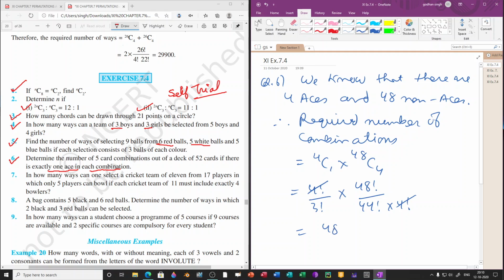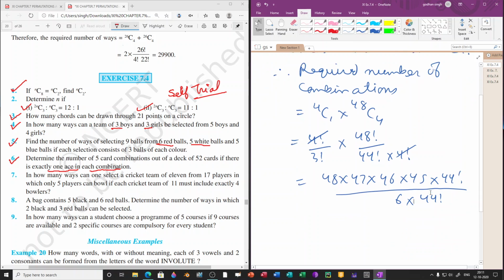That can be written as 48 into 47 into 46 into 45 into 44 factorial over 44 factorial, and here we have 3 factorial, that is 6, into 44 factorial in the denominator.